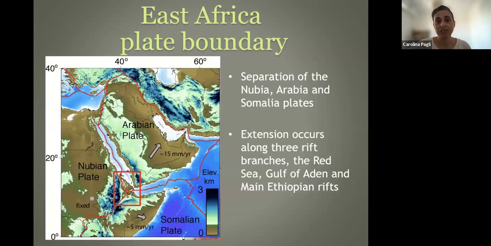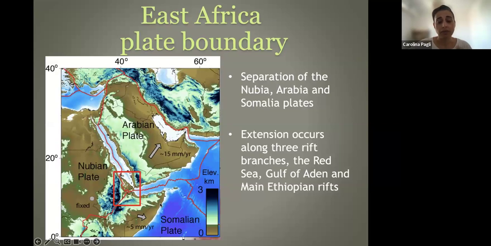But let's go to see where is and what occurs in East Africa. It's this area practically that is the focus of the seminar, and it's an area of plate divergence. In particular, three divergent plates are involved: Nubia to the west, Arabia, and Somalia.